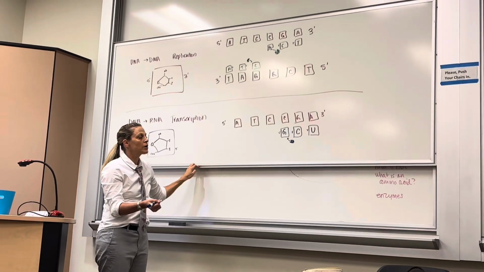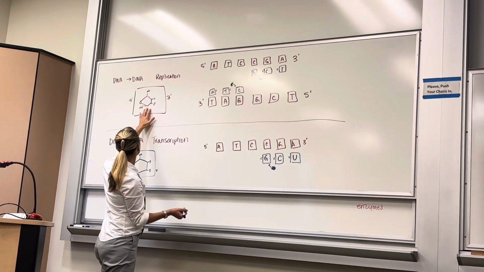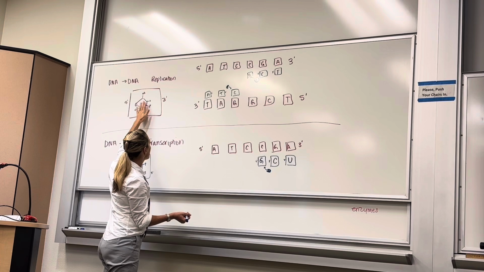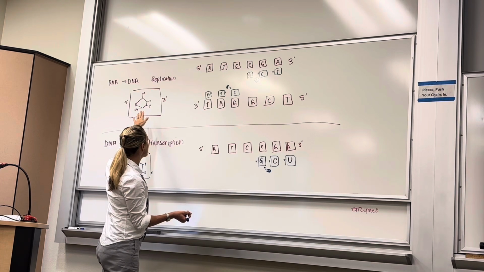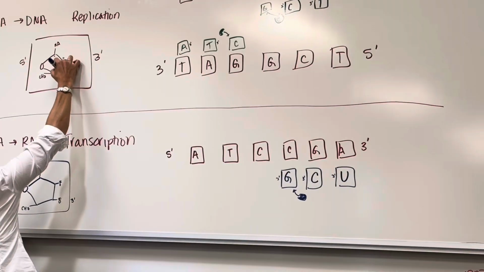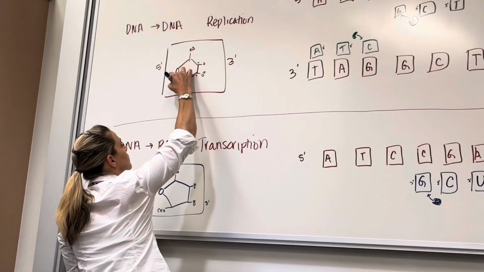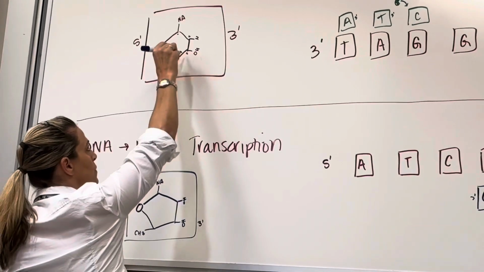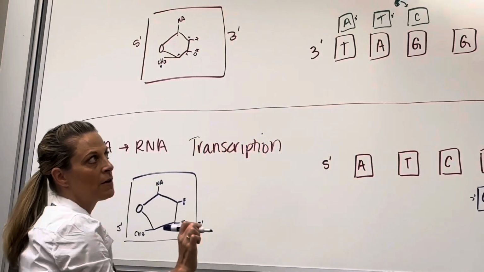So just know what the molecule looks like and the importance of the primes. Remember, this is 1, 2, 3, 4, 5. So 5 prime tells you it's that direction, 3 prime tells you it's that direction.